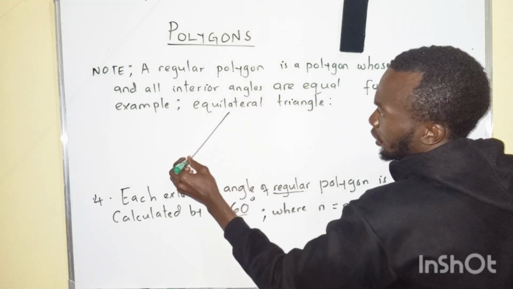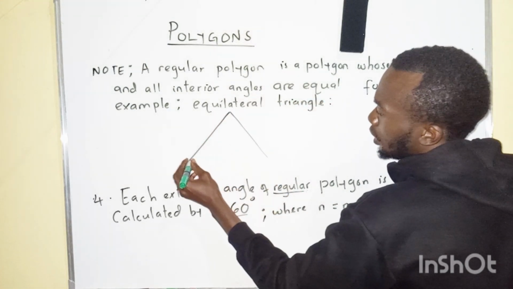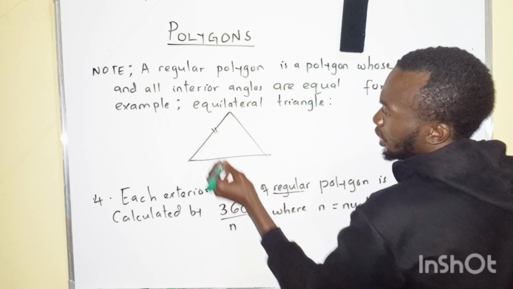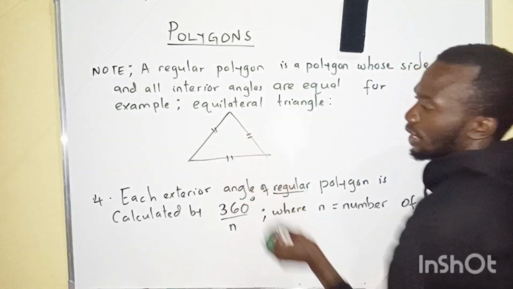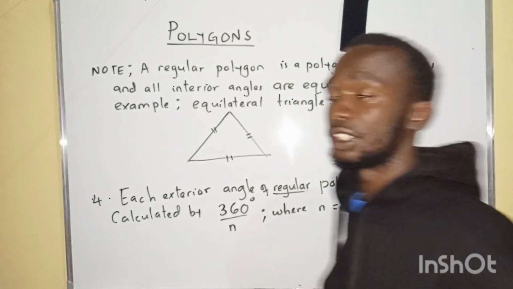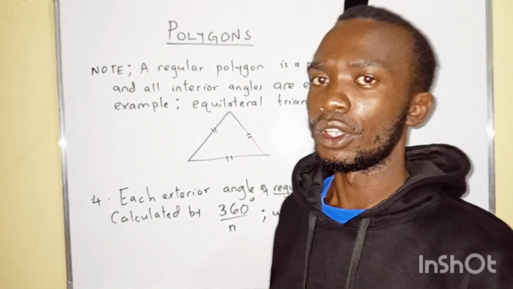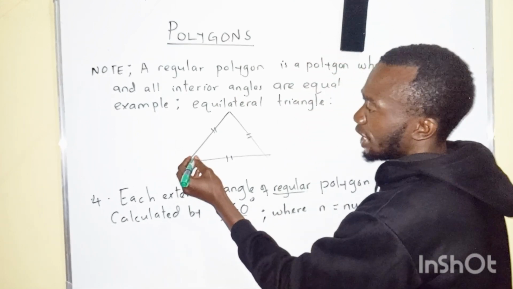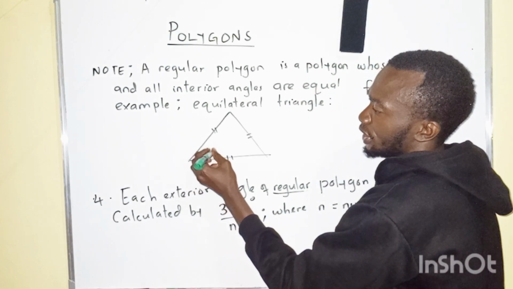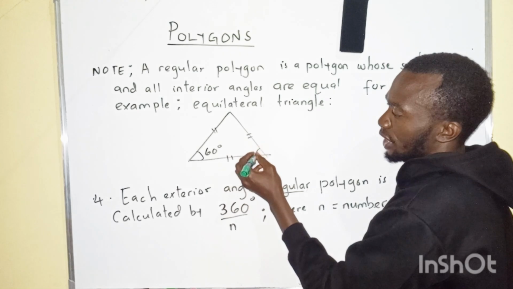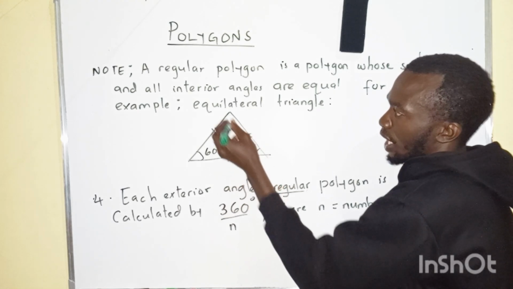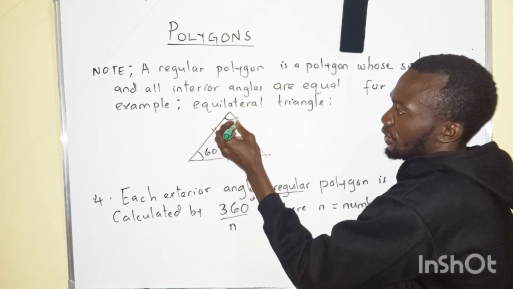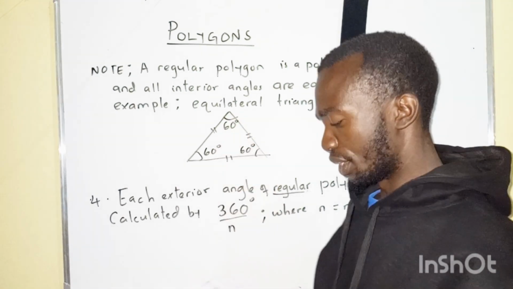When you have a sketch of an equilateral triangle, this side, this side and this side are all equal. That is the fact about the equilateral triangle. All the three sides are equal, and the angles, we find that this angle at this particular point is 60 degrees, the interior angle, and this angle is also 60 degrees, and this one is also 60 degrees.